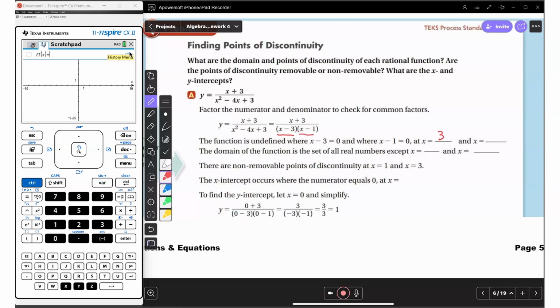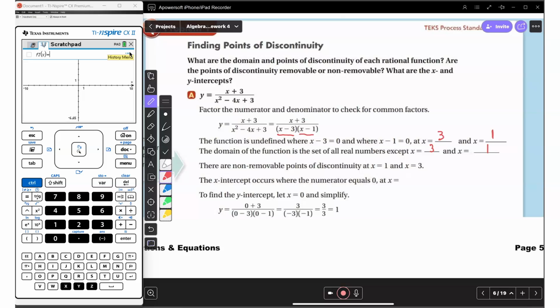And when x minus 1 is equal to 0, then the denominator is equal to 0. So when is it going to be 0? It's when x is equal to 1. So the domain of the function is all real numbers except for 3 and 1. There are non-removable points of discontinuity at x equal 1 and x equal 3.